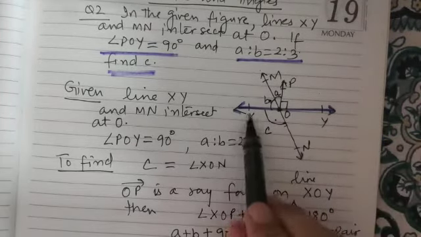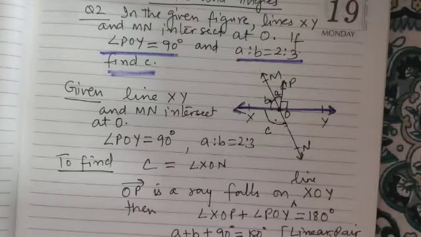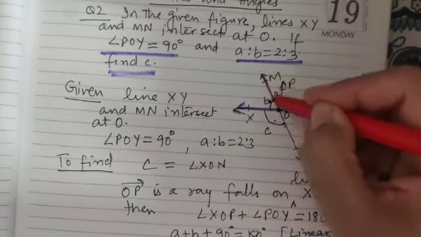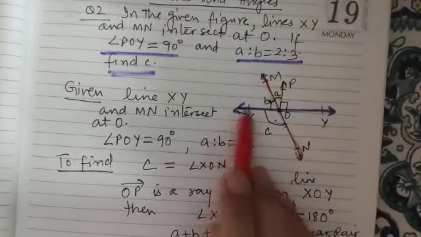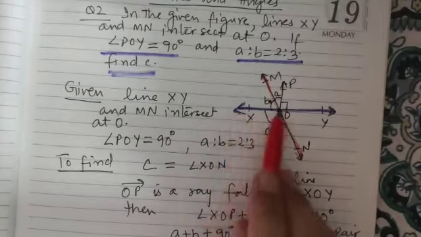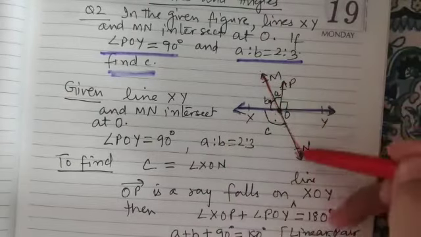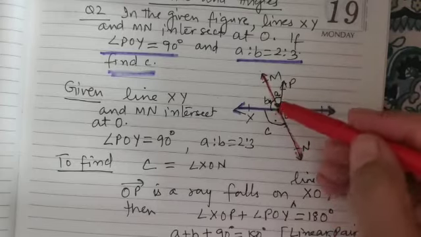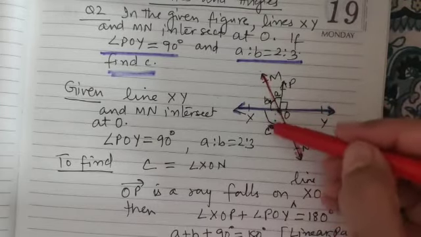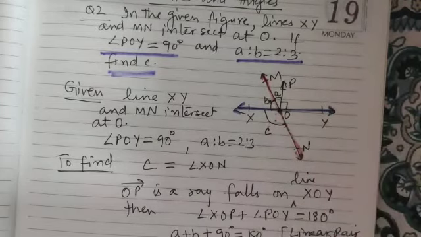Can you observe from here, if I consider the line MON, we see here that this OX is a ray which falls on this line MON. So by linear pair axiom, B plus C should be 180, isn't it?